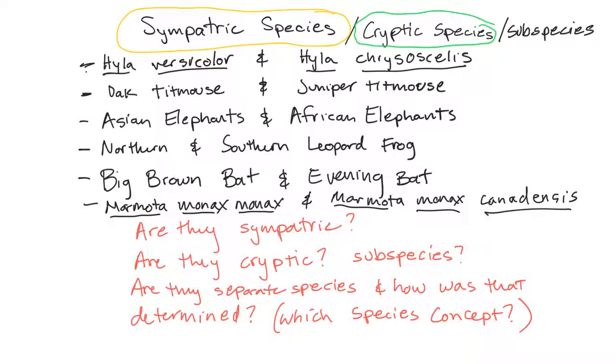On the other hand, you may have populations which look very different, are in different locations, but are still the same species. Okay? If they're in different locations and they look different, how can they still be the same species?